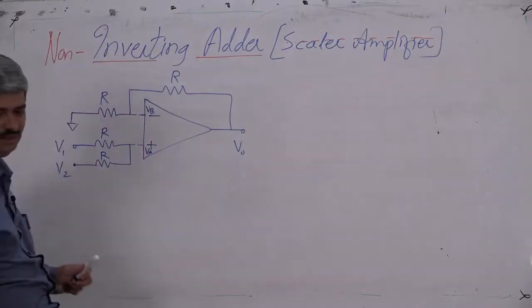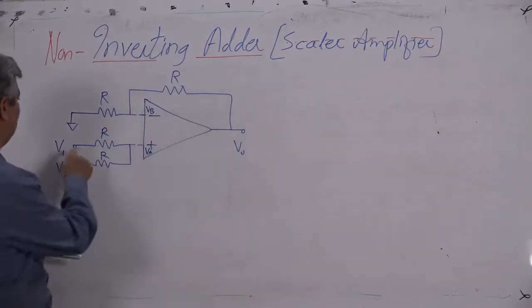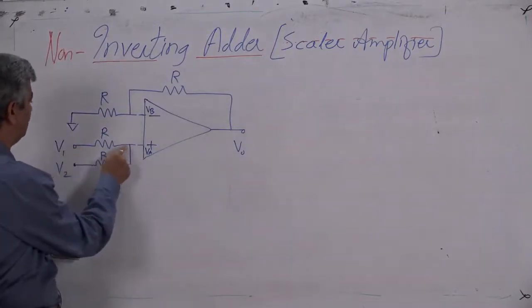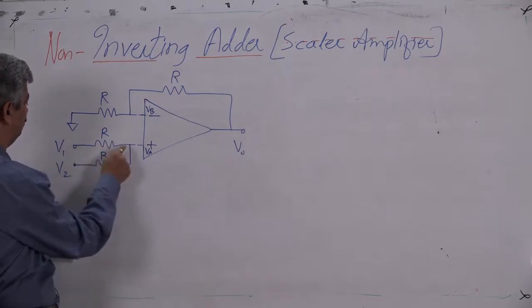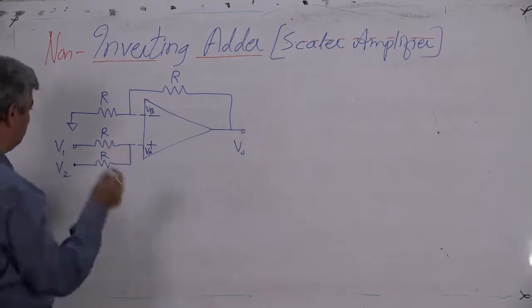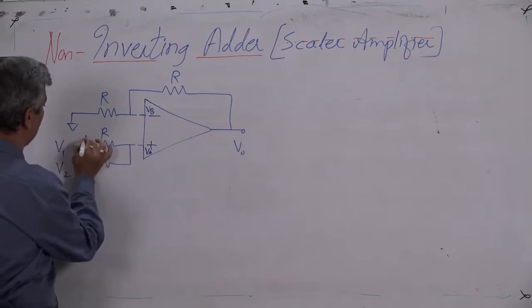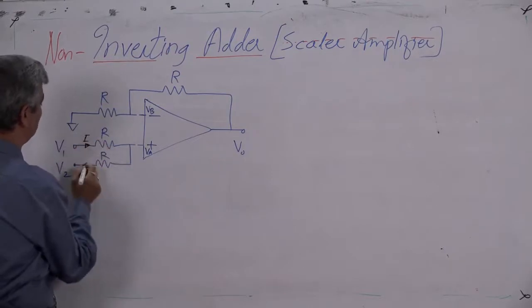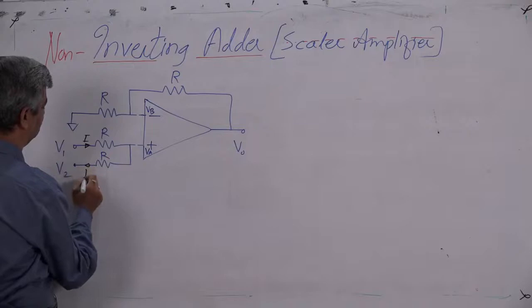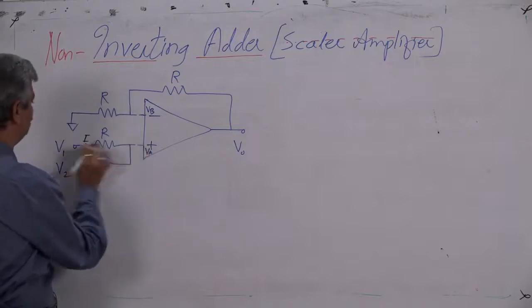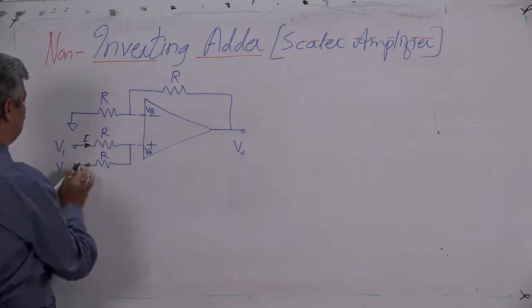So, how to calculate VA? VA is to be calculated by V1 minus VA upon R is equal to, if you assume this current I, the same must flow here like this, because it does not flow here. So, V1 minus VA upon R is equal to VA minus V2 upon R.